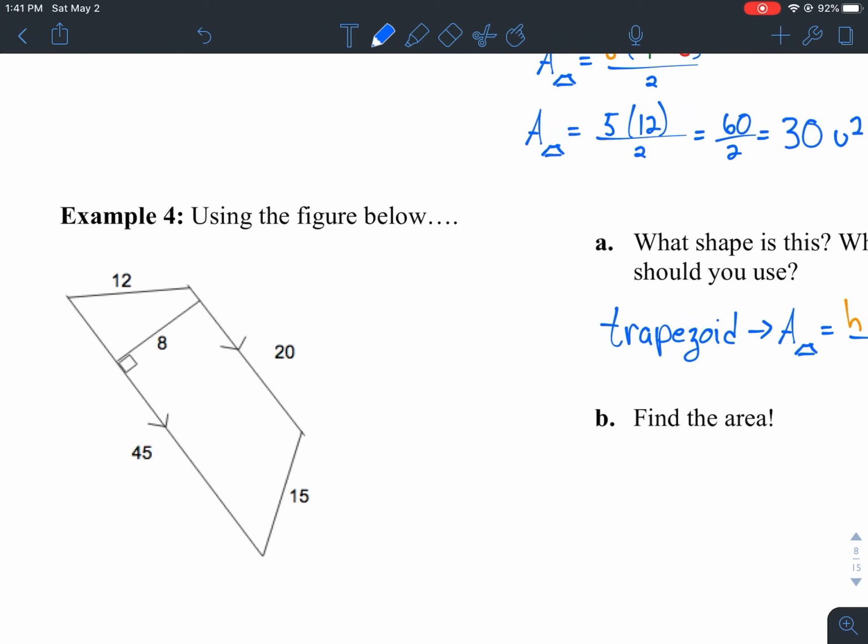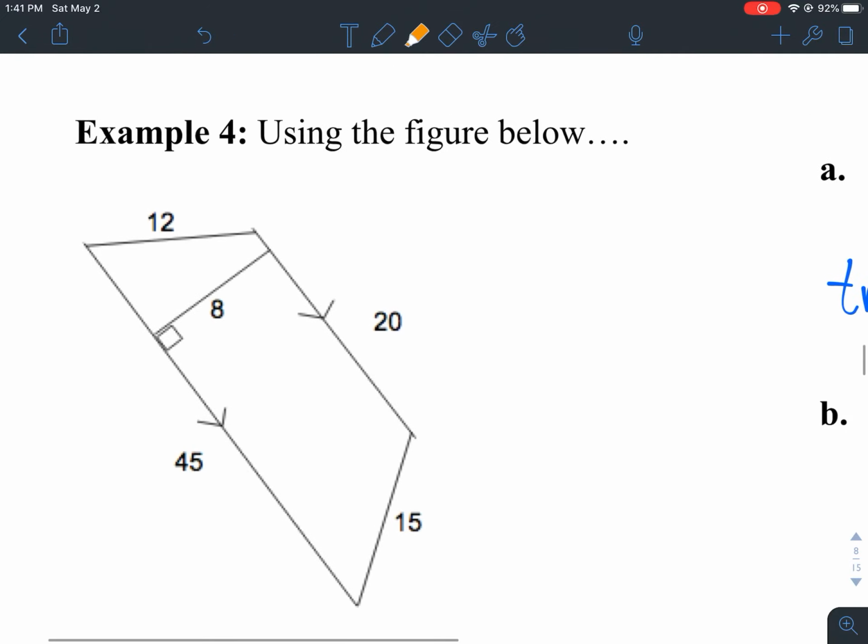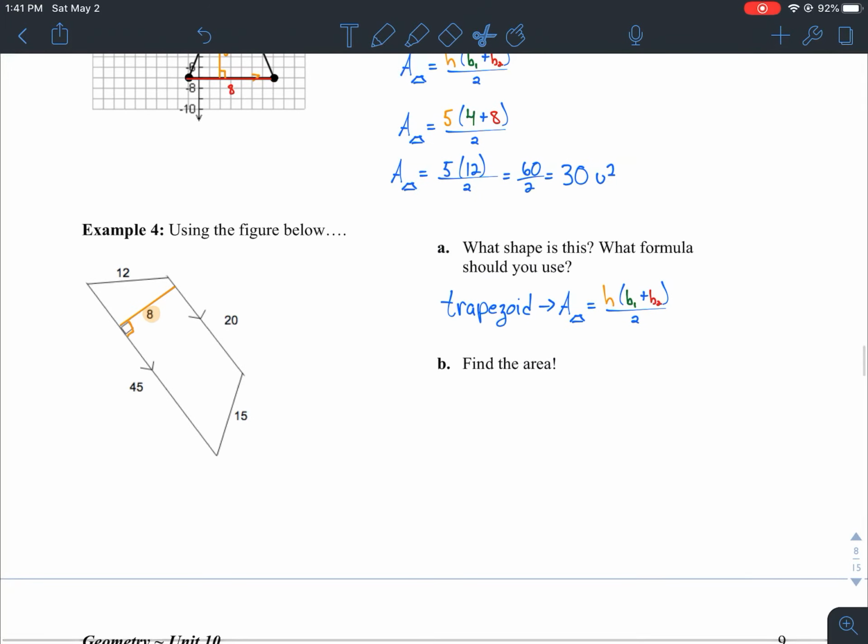Alright, so again, we got a couple numbers in here that are not going to help us with this, but they're there to kind of throw you off. So start off with the height. Again, the height in this case is 8. It is perpendicular to the two parallel sides. So that is our height.